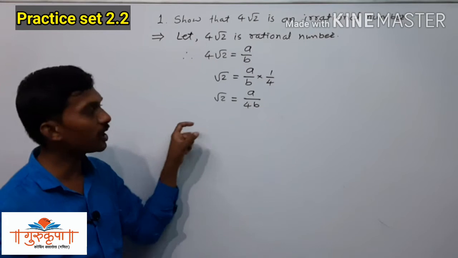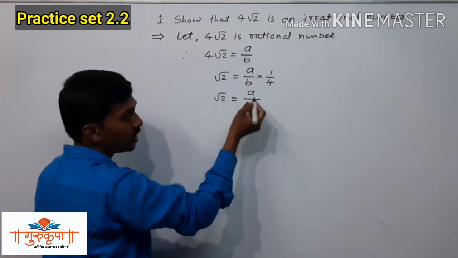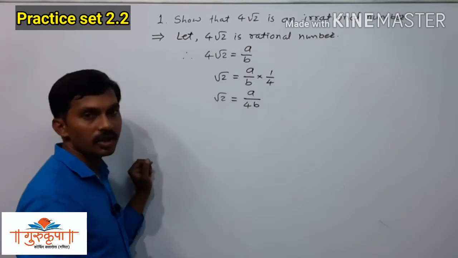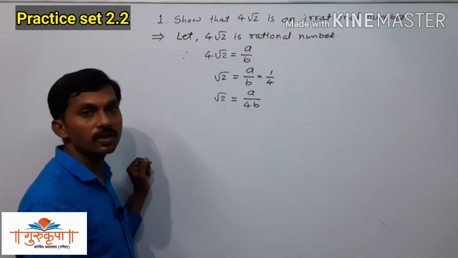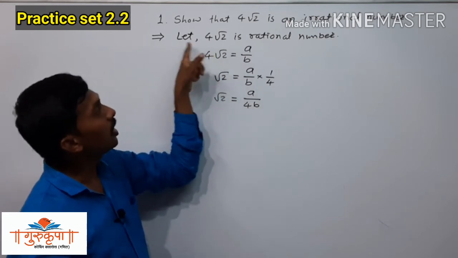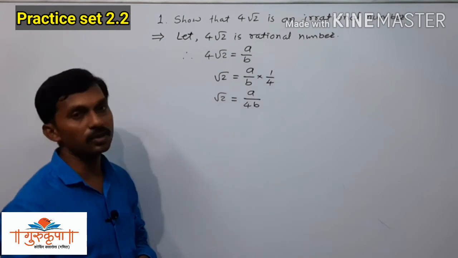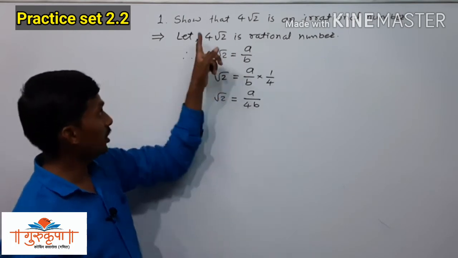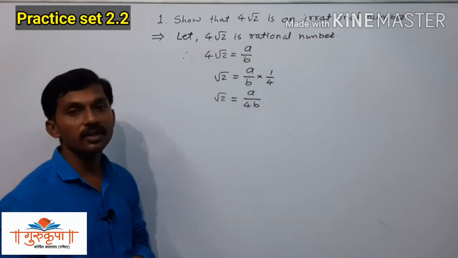So you can easily write that LHS of this equation is irrational and RHS is rational, which is impossible. So it means that our assumption is false, or incorrect. So what is correct then? Then it is correct that 4 into root 2 is an irrational number.